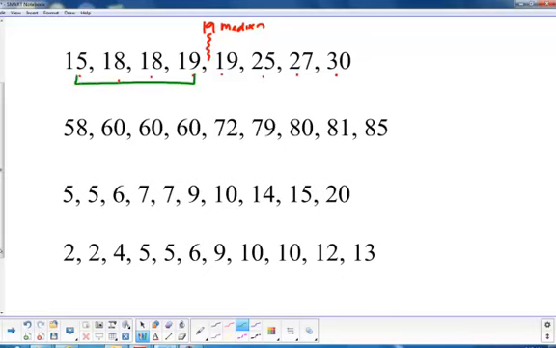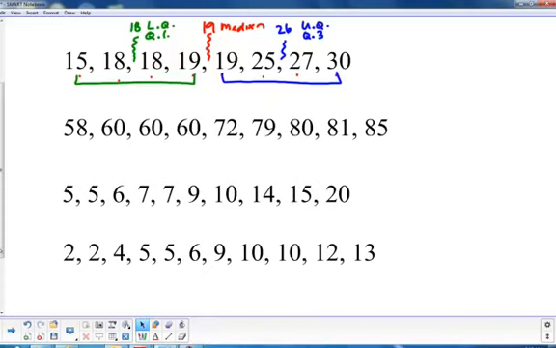And then, to find the quartiles, we go to the middle of the lower data. So this is your lower quartile, or quartile 1, same thing. And then to find the upper quartile, we go to the middle of the upper data. So 26 is your upper quartile, also known as quartile 3.